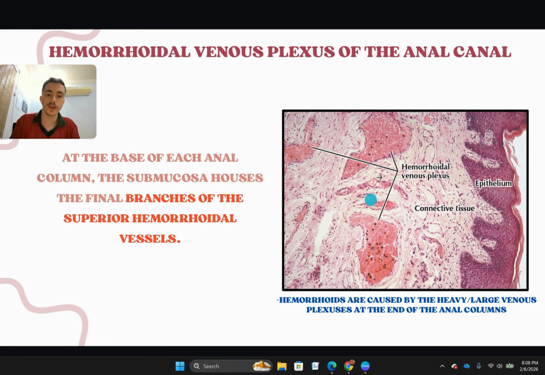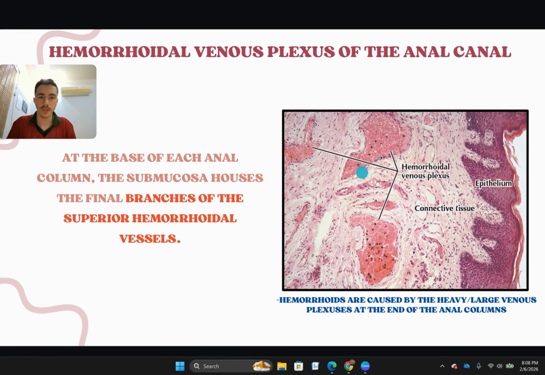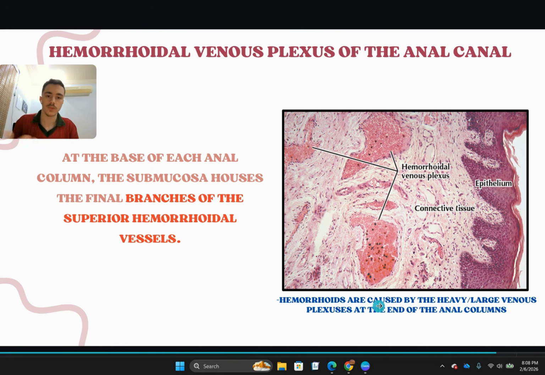Why do hemorrhoids happen? Because these vessels become dilated, large, or heavy, so in the end they get damaged and you feel pain. So hemorrhoids are caused by the heavy or large venous plexus at the end of the anal columns.